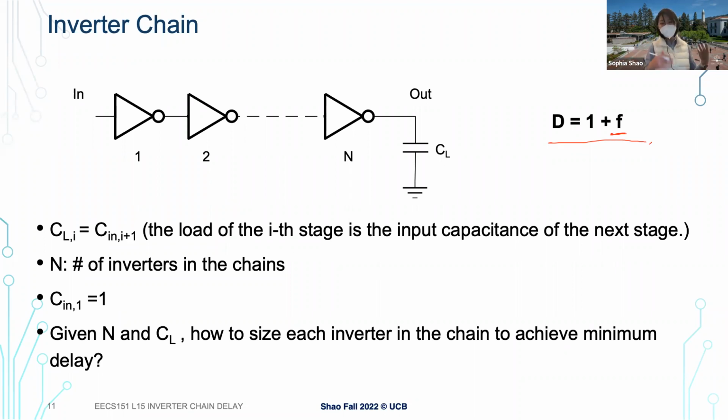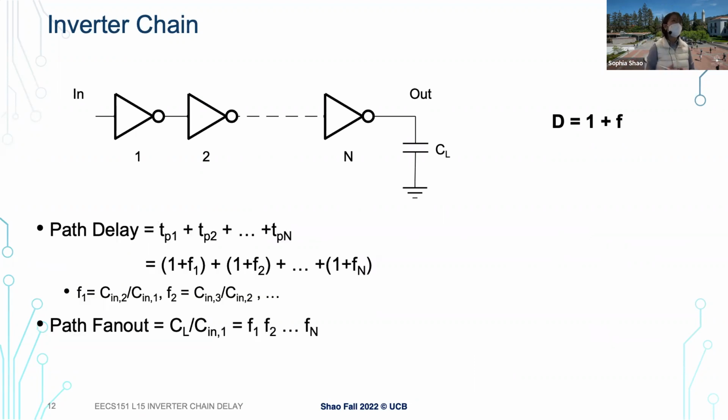So let's write down the delay before we optimize it. What are the different components associated with the delay when it comes to a chain of inverters, right? Sometimes we also want to demystify some of the terminologies. Those are pretty straightforward, but people use weird terminologies.